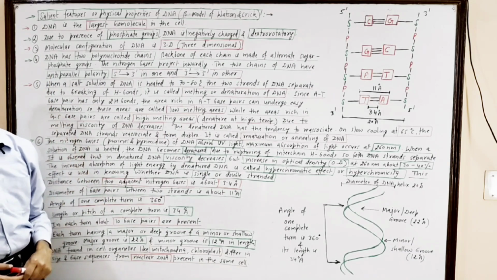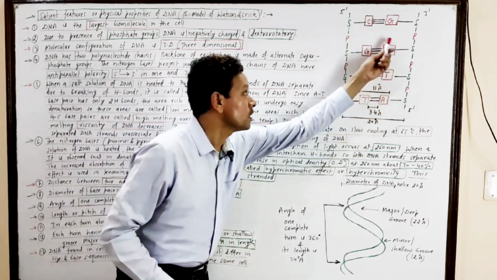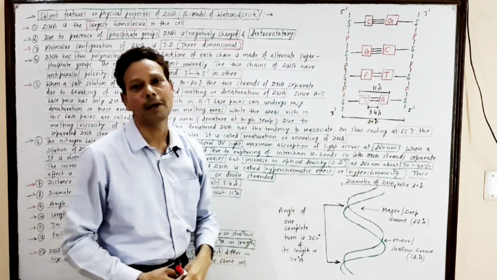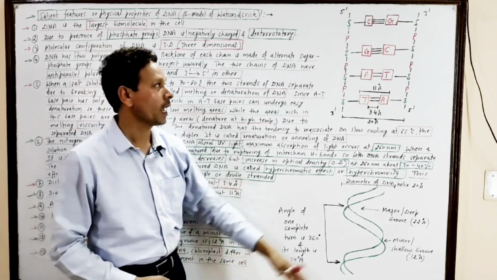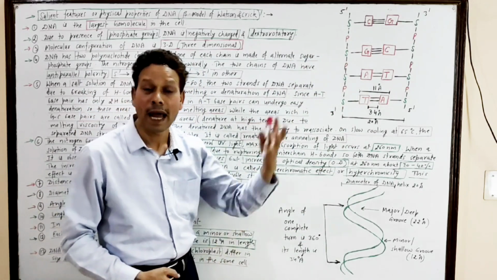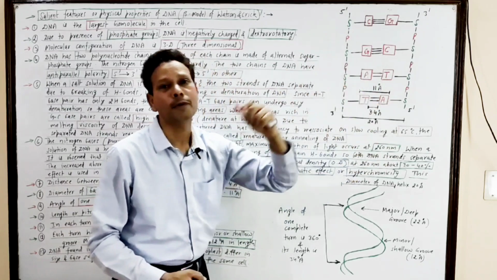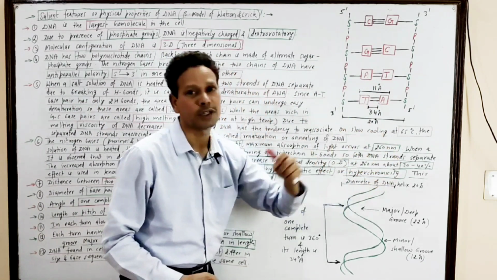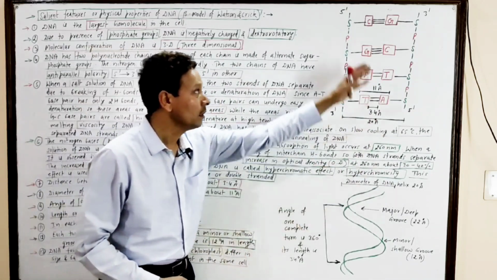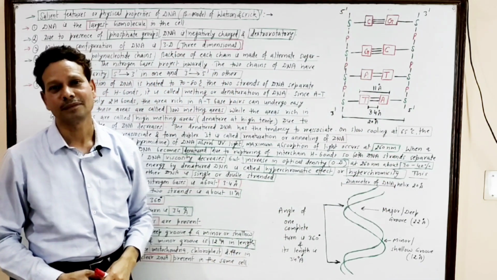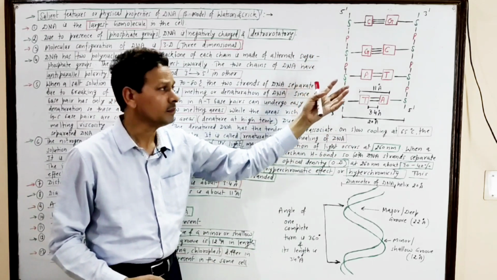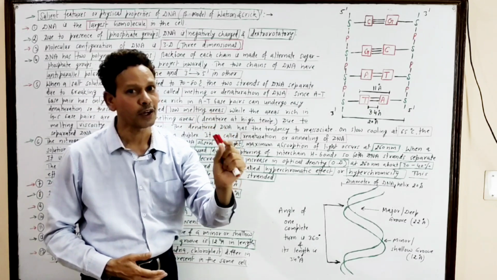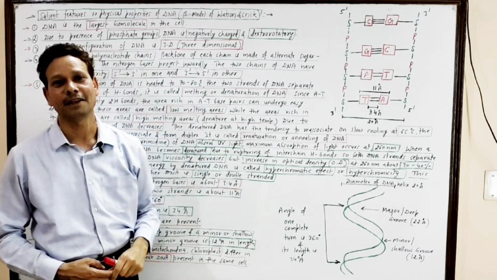Next very important property, due to the presence of these nitrogen bases, this double-stranded DNA molecule absorbs UV radiation or light, and maximum absorption of UV radiation occurs at 260 nanometer. When a solution of DNA is heated, its both strands separate. That is called denaturation, or melting of DNA.